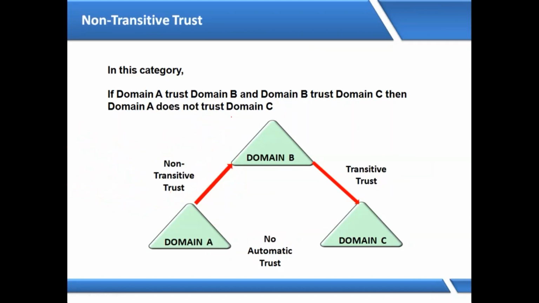Now come to the non-transitive. Here automatic trust will not be created. Suppose this is your one forest, same example, parent domain and child domain.